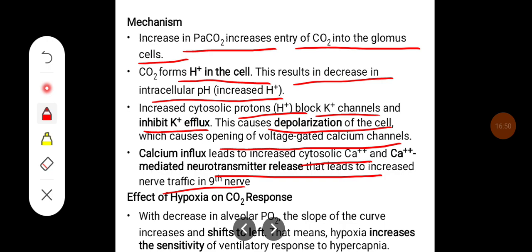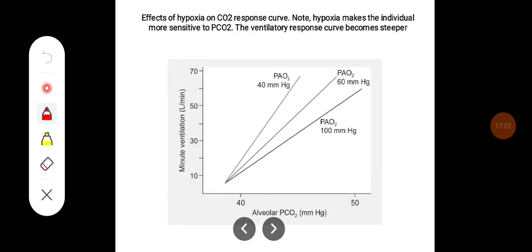With the decrease in alveolar PO2, the slope of the curve increases and shifts to the left. That means hypoxia increases the sensitivity of ventilatory response to carbon dioxide. So in this diagram, you can understand that with a higher PO2, the ventilation is less, and with lower PO2, ventilation is more.